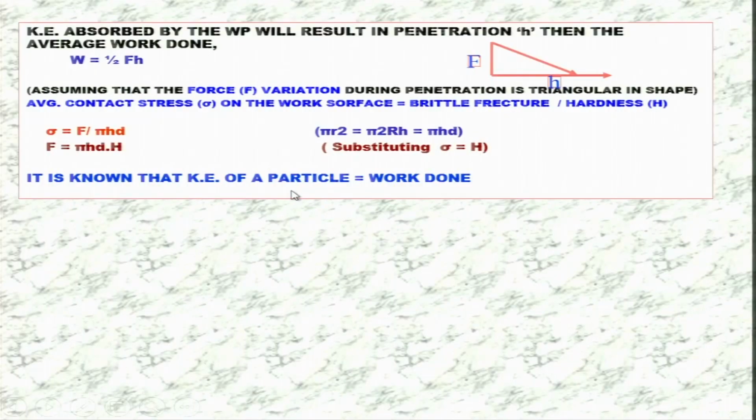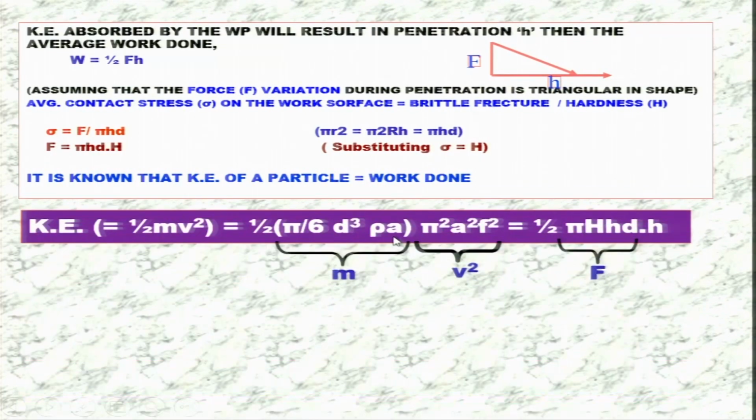It is known that the kinetic energy of the particle is equal to the work done, and we have already calculated the kinetic energy of the particle. So half m v square, half pi upon 6 d cube rho a, pi square a square f square, is equal to half F h.